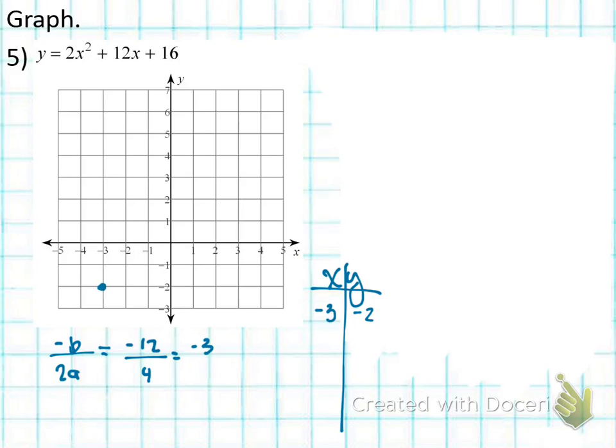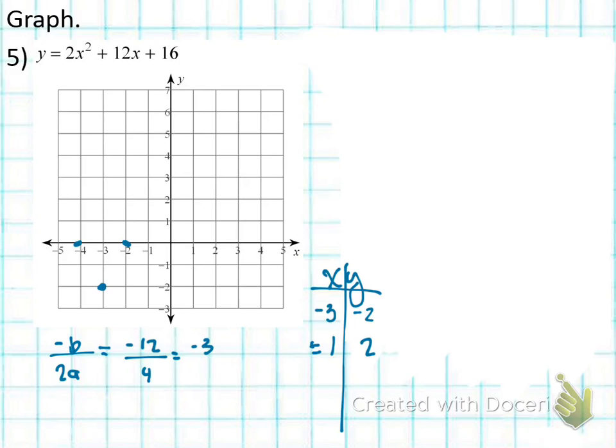So I love this method because I could calculate it all out, or I could just go plus or minus 1. So if I go plus or minus 1 here, or left or right 1, how far up or down do I go? Let's put it into the first term. 1 squared is 1 times 2 is 2. So if I go left or right 1 here, we're going to go up 2. So there should be a point here and 1 here, right?